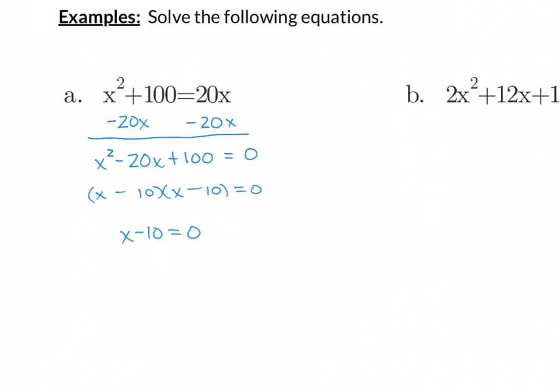And the answer is no, because they're the same. So I only have to work with one of the factors. X minus 10 equals 0. From there we can add 10 to both sides. And we get x equals 10 for our answer. This particular problem only has one solution.